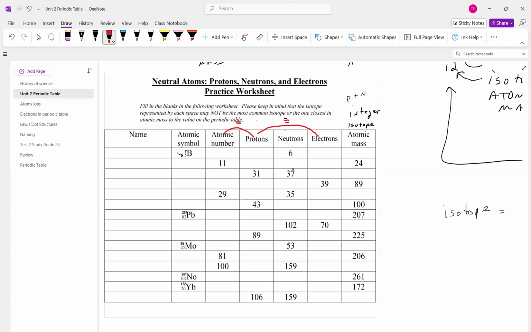Okay, so we know it's boron. We need to find out what isotope it is, though. Okay, and one other thing, this is an integer. Always. No exceptions. Because we're counting particles, not parts of particles. And that's what a decimal will give you, parts of particles.